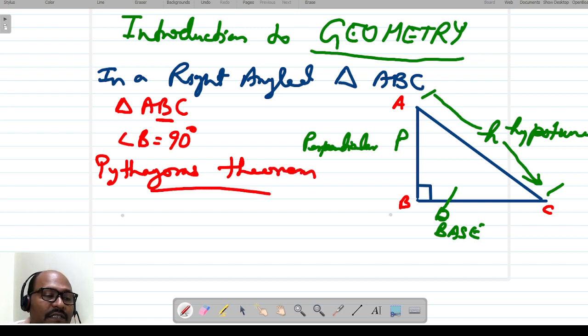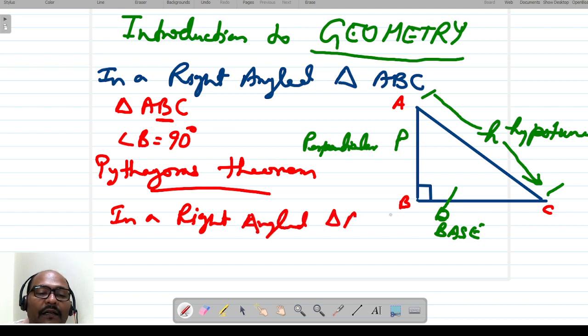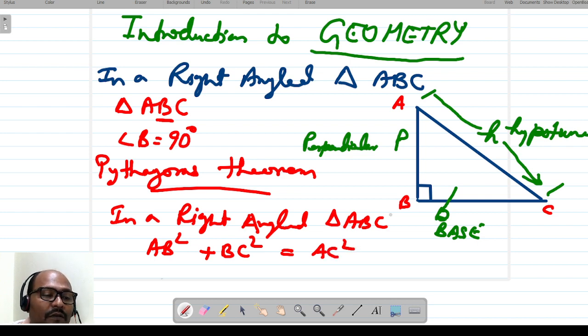Pythagoras theorem states that in a right angle triangle ABC, AB square plus BC square equal to AC square. You know what is this? Let me show you.